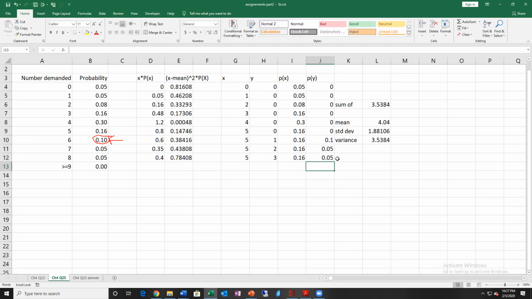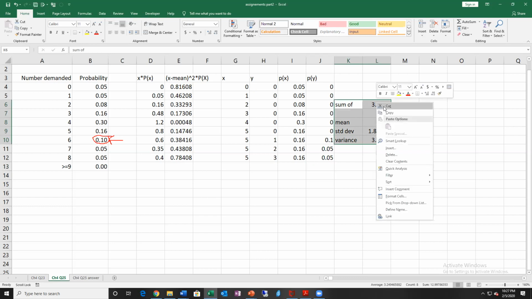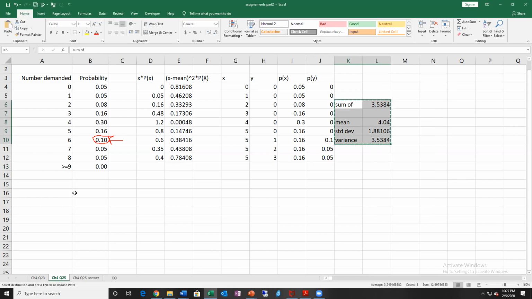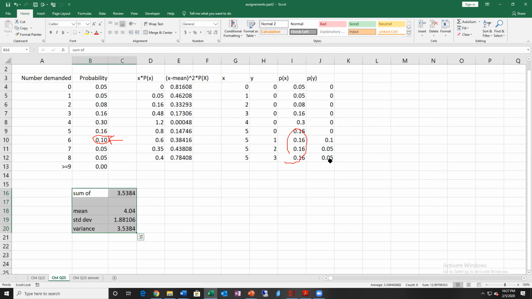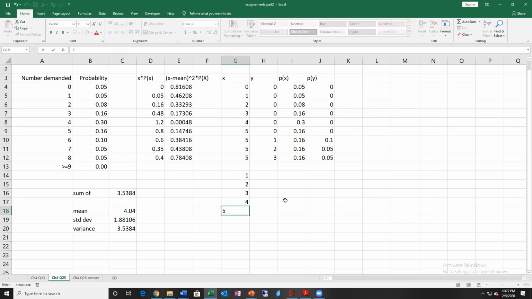The only thing you will need to do is literally combine these together. Let me explain why. Underneath here, write 1, 2, 3, 4, and 5. Now watch this.